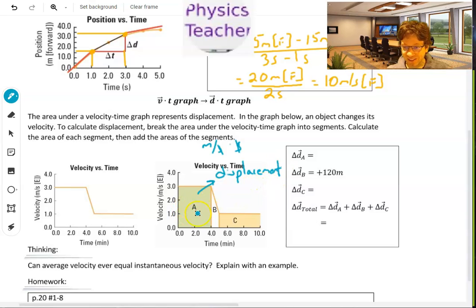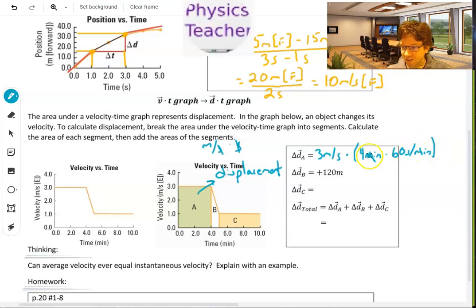So if we look at this first example, and we wanted to figure out the displacement in the first four minutes, what we can do is find this area. So we have 3 meters per second multiplied by the length, which is 4 minutes. But we want to change that into seconds, and since there's 60 seconds per minute, we'll multiply that by 60 seconds per minute.